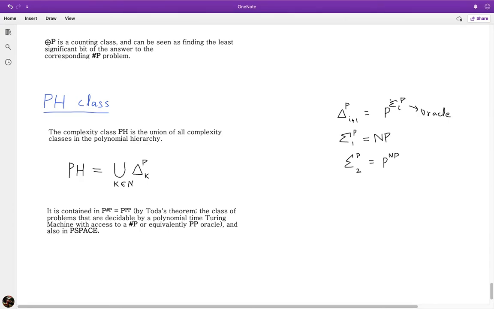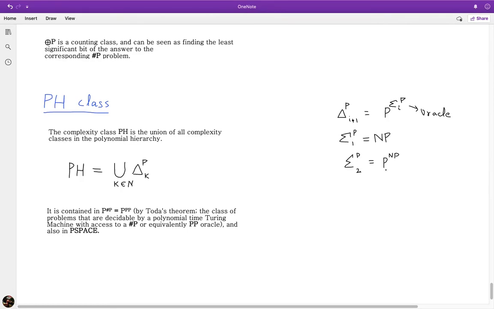So what is this class or this set of problems over here? Sigma 1 p is NP and sigma 2 p is P over NP. So all the set of problems that can be polynomially reduced if we had an oracle for an NP complete problem.